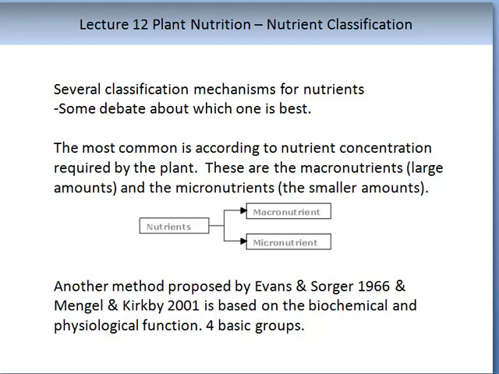The macronutrients are nutrients that are required in large amounts, whereas the micronutrients are nutrients that are required in smaller amounts. A second method was proposed by Evans and Sorger in 1966, and then developed further by Mengel and Kirby in 2001, and this is based on the biochemical and the physiological functions, and these are separated into 4 groups.